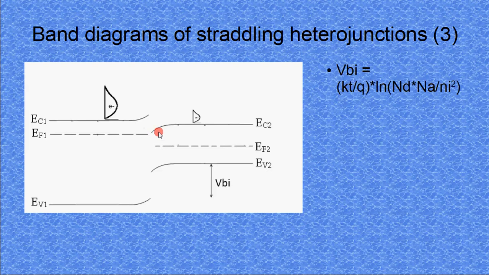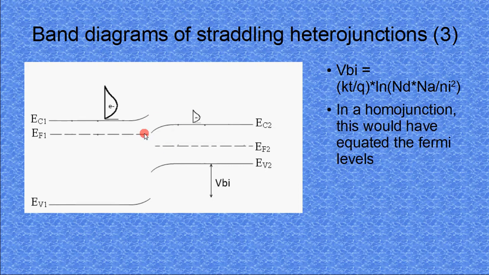An important thing is, in a normal homojunction, once we reach VBI, which is the built-in potential for the junction, given by this equation, we would have reached equilibrium. But in a heterojunction, we still have some way to go before the levels of electrons are equalized, and the Fermi levels are not yet the same. So we have to keep going. More charge has to get transferred over to the gallium arsenide side for the Fermi levels to become constant.